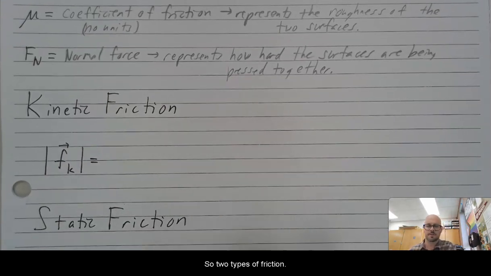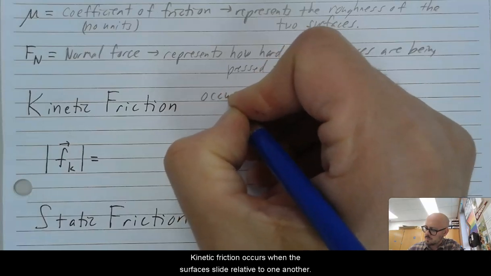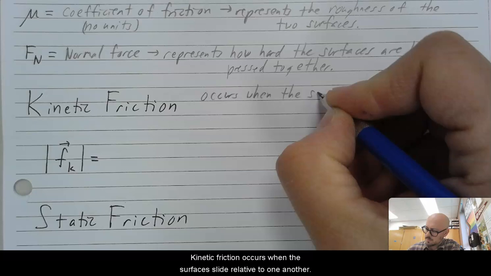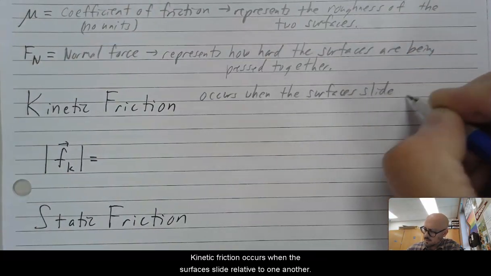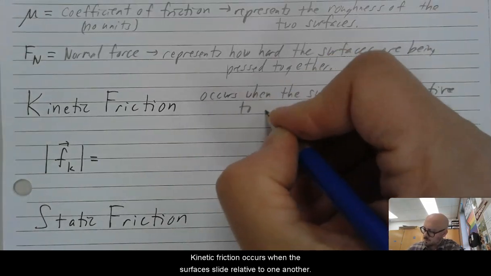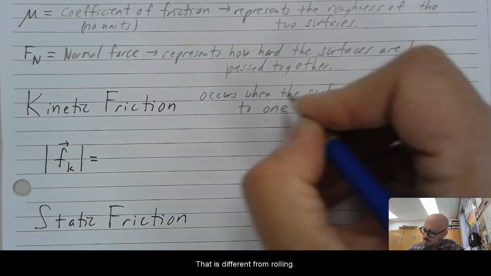So two types of friction. The first one is kinetic. Kinetic friction occurs when the surfaces slide relative to one another. That is different from rolling.